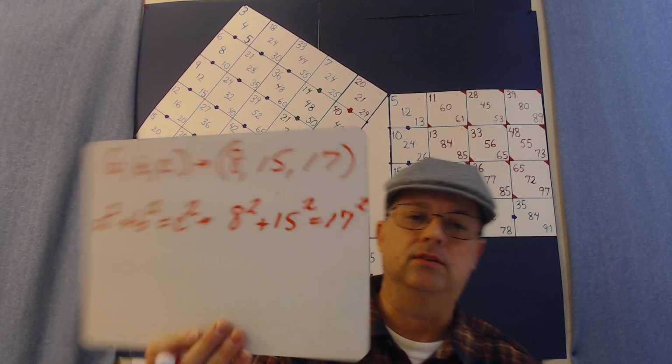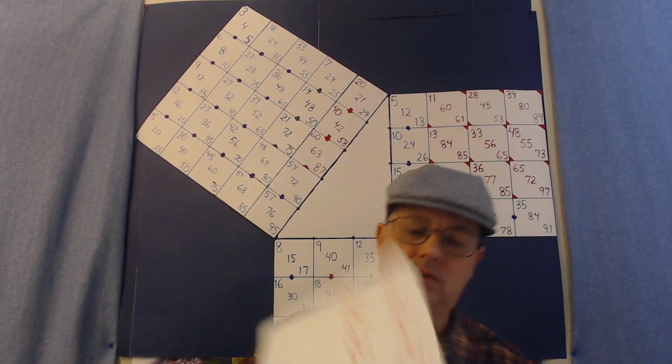And just to see that this is all good and true, 8 squared would be 64, and 15 squared, that's 225, and 17 squared is 289. So we're doing 8 times 8, and 15 times 15, and 17 times 17.